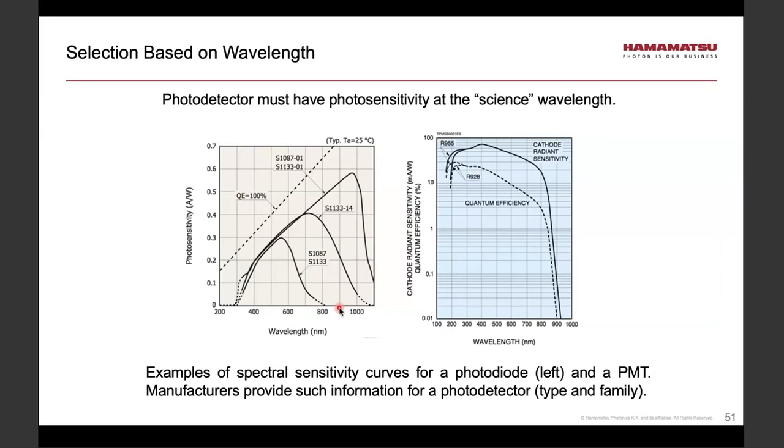Typically one would want to have the maximum response. In this particular case, for 900, it would be this device S1087. Please note that such plots, photosensitivity as a function of wavelength, are provided for all devices by manufacturers. On the right-hand side, we see such a plot for a certain PMT.